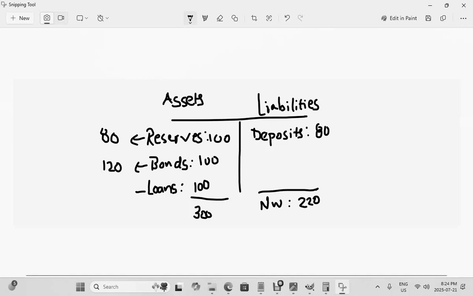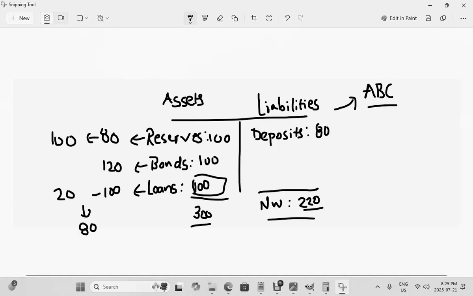Your loans will stay the same, assuming that ABC Commercial Bank has not given out any new loans yet. So your loans figure will stay the same at 100. All in all, this will be 300, and this will stay at 220.